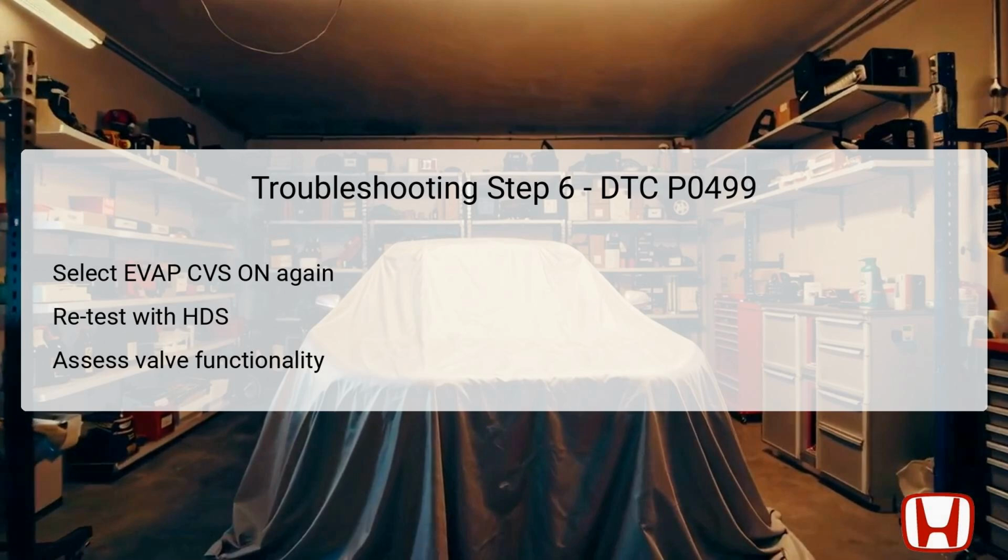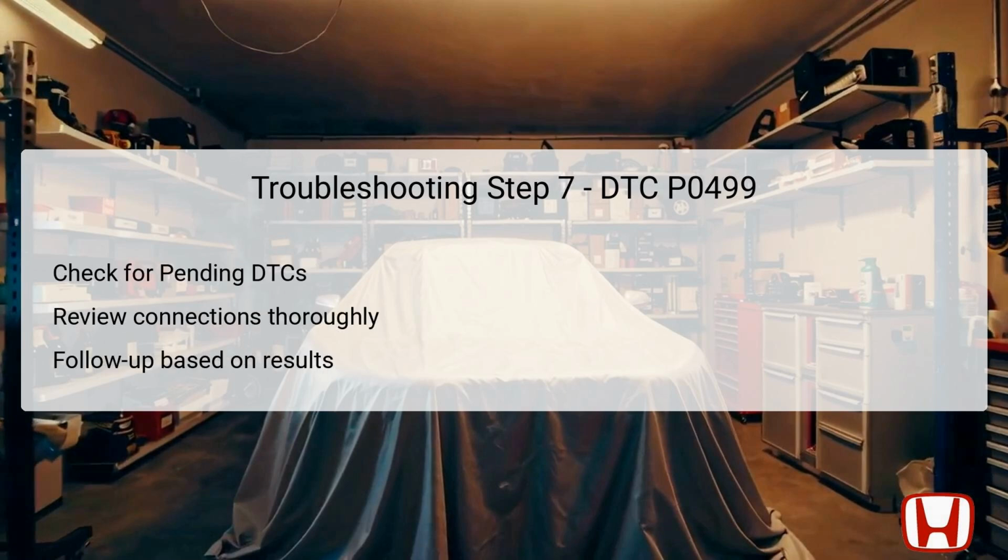By assessing the valve's functionality in real time, responses from the HDS will provide insight into whether the valve is now operating normally or if issues persist. This testing cycle is integral to narrowing down the problems associated with DTC P0499.